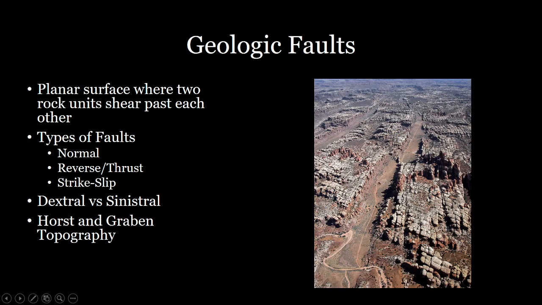Another really cool place that this happens a lot, and you can see it really easily, is Canyonlands National Park, which you can see here, where you have this area of higher topography, which is the horst, and this area of a valley with lower topography, that's the graben. And these two rock layers are being pulled apart from each other.